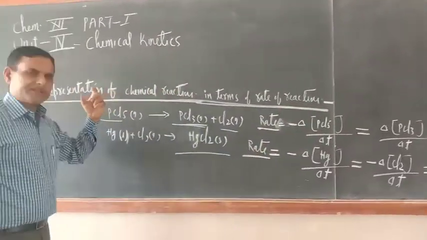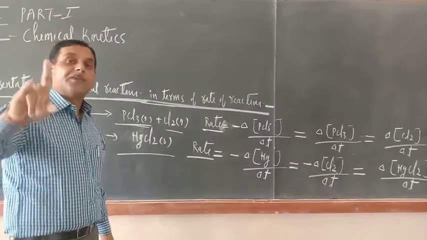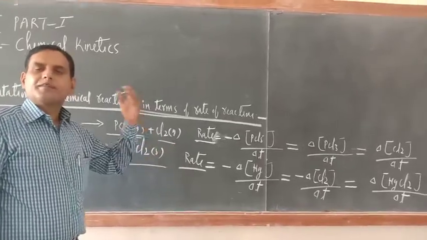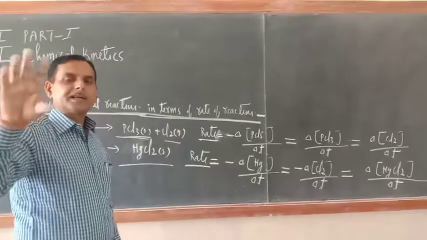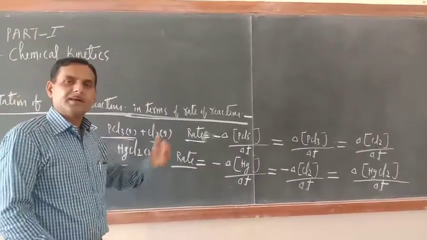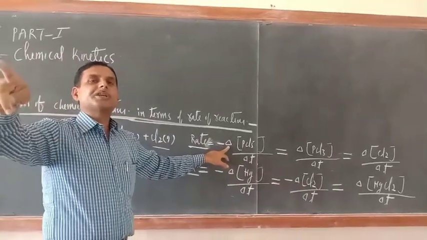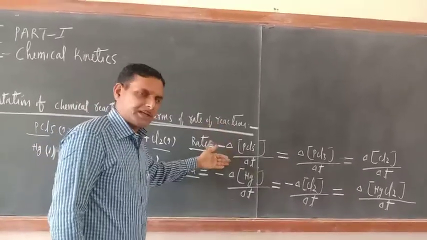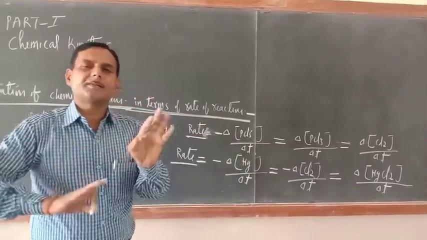So in general, what can we say about the representation of any chemical reaction where stoichiometric coefficients are not involved? The molar concentration of reactant should be written inside the square bracket, which represents the molar concentration. Before that, the delta sign indicates the change in the concentration of reactant or the change in the concentration of product. Before that, the minus sign, and between reactant and product the equal sign.